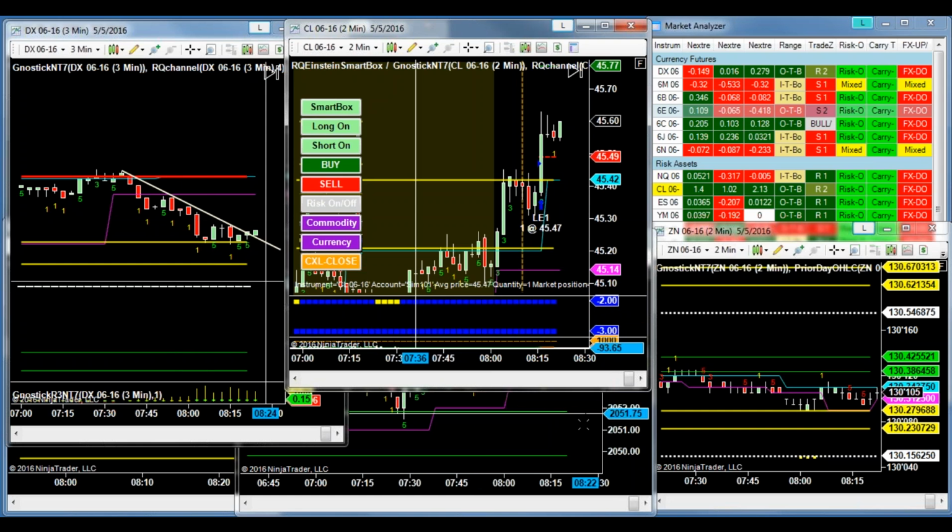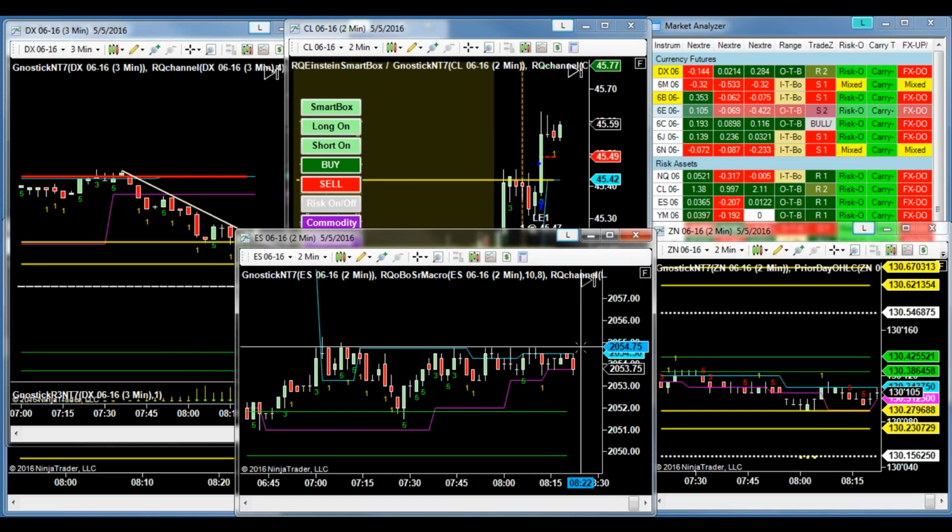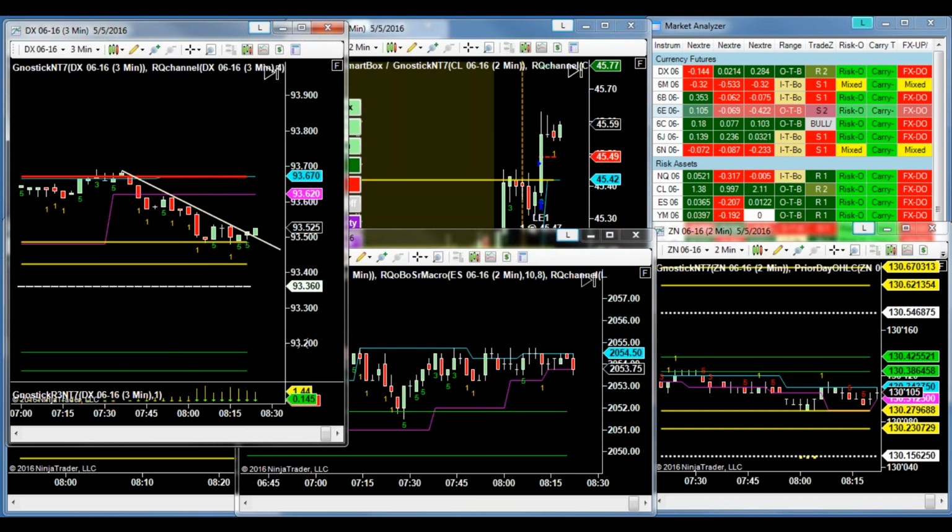When we added the S&P as a positive correlation, it improved the profit factor like 3 times, like 300%, if not more. So that's what the historicals tell us.